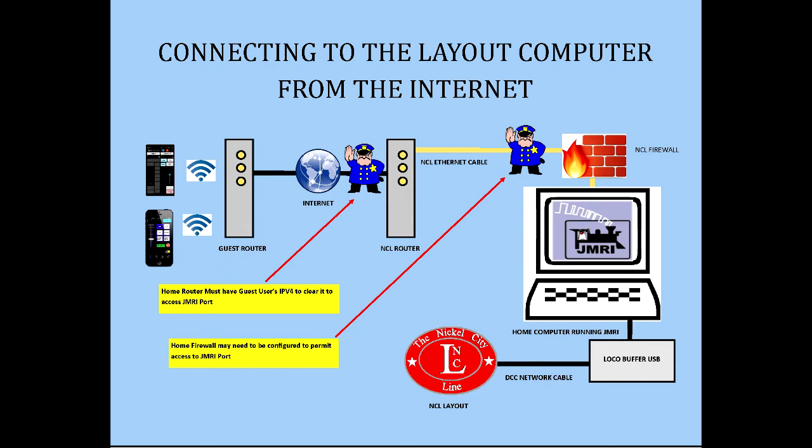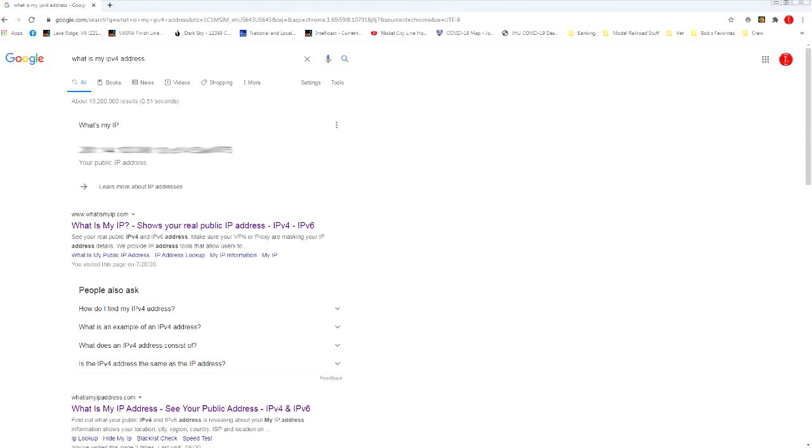The external IPv4 address is how the internet knows where to send and receive data from, sort of like your home address. To obtain your external address, simply open your web browser and type in, "What is my IPv4 address?" The search results will usually provide both the IPv4 and IPv6 results for your router.